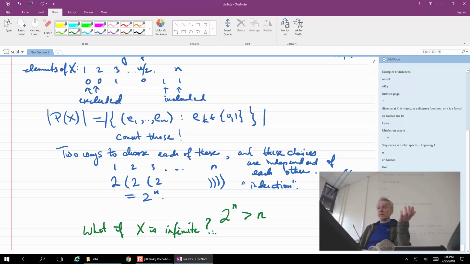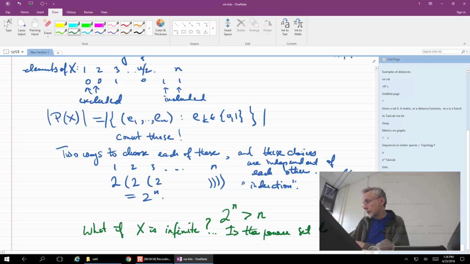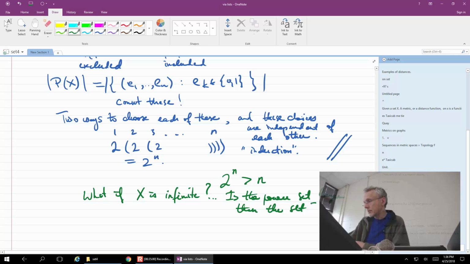We cannot, however, answer this question without properly setting up the question. And how do we set it up? So the question is: is the power set larger than the set when the set is infinite? We have to set it up properly.